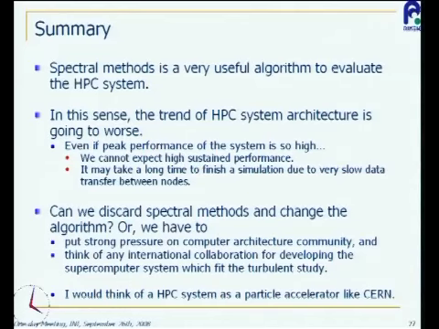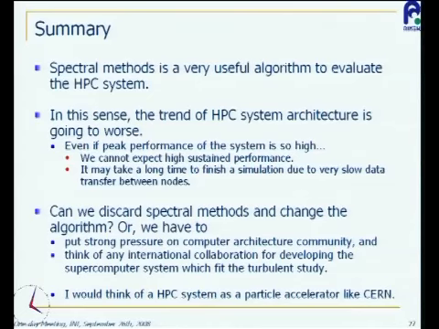In summary, I would like to summarize my talk. Spectral method is a very useful algorithm to evaluate the HPC system, I think. In this sense, the trend of HPC system architecture is getting worse. Even if the peak performance of the system is so high, we cannot expect high sustained performance. And it may take a long time to finish your simulation due to very slow data transfer between nodes.